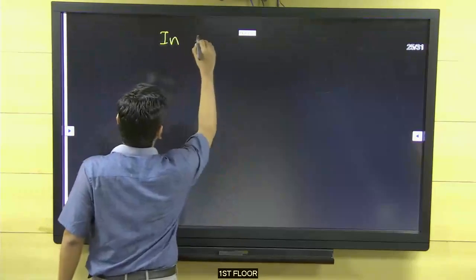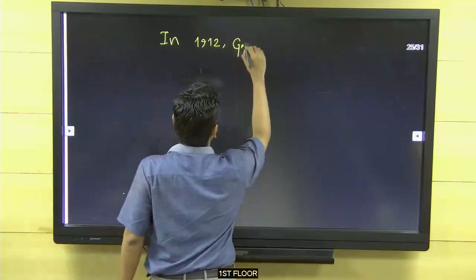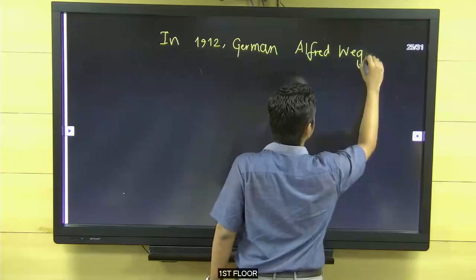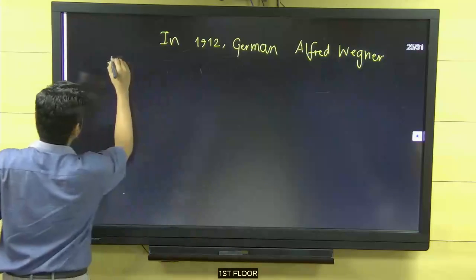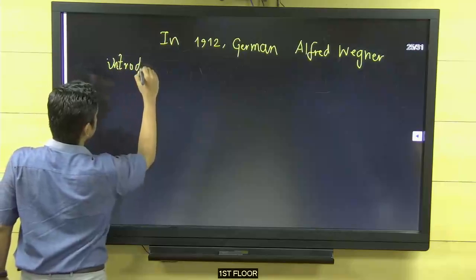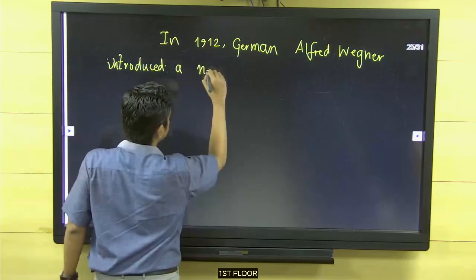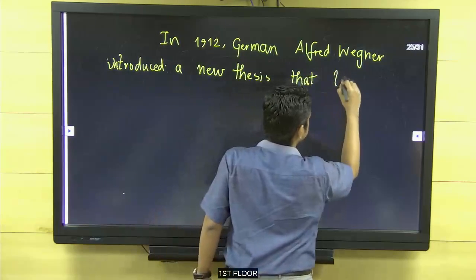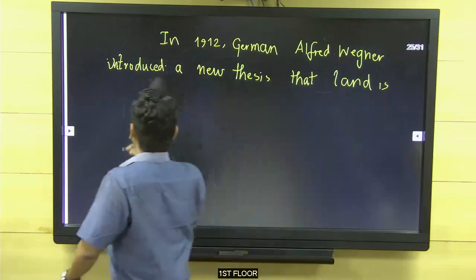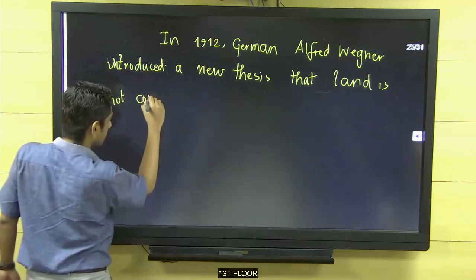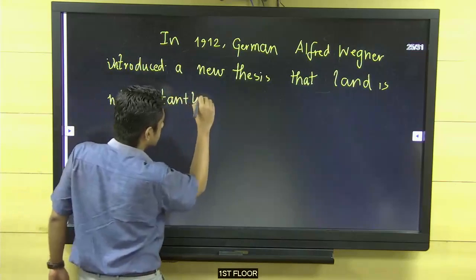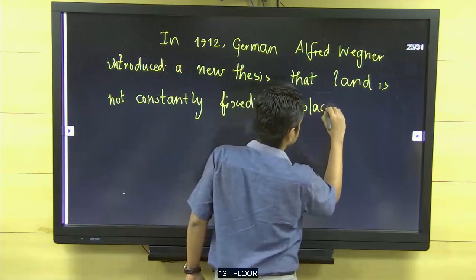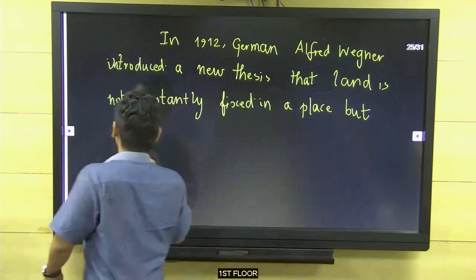In 1912, German Alfred Wegener introduced a new idea, a new thesis, that land is not constantly fixed in a place, but moves.